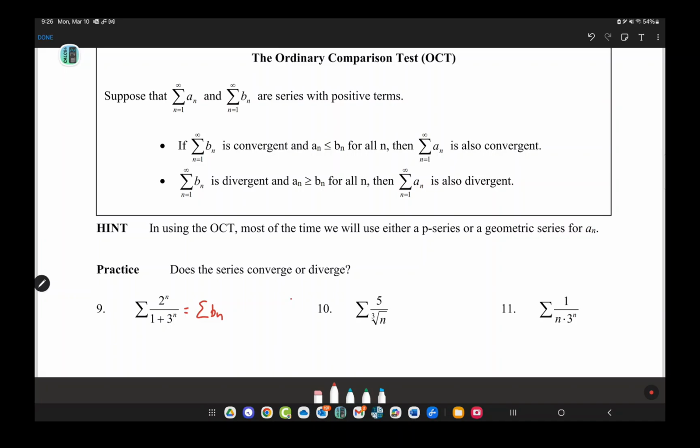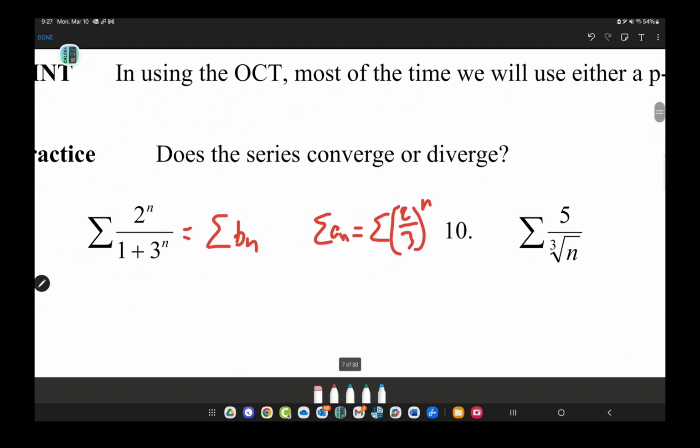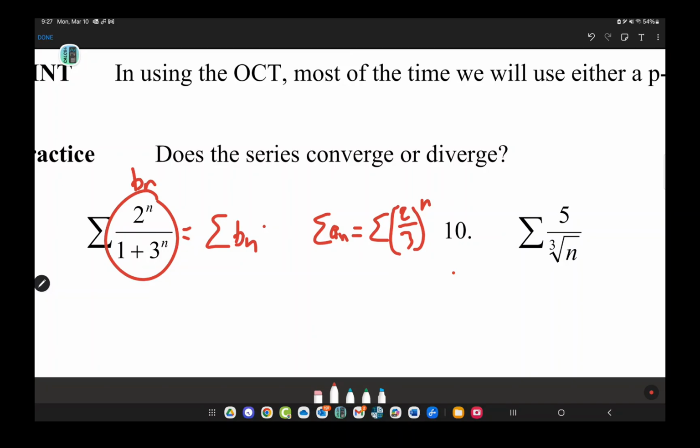So what's a geometric series that's close to this one? We can say the an would be the sum of 2 over 3 to the n power. This is bn, and we're making an an value.